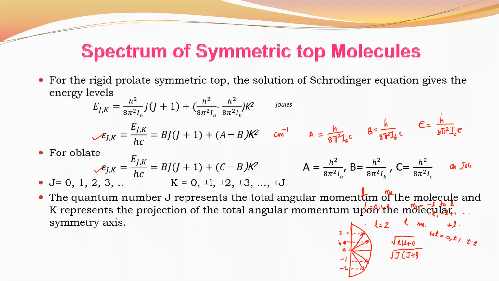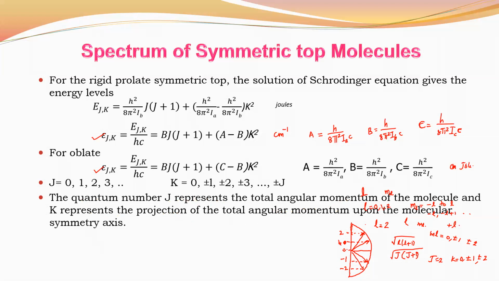In the similar way, if J is equal to 2, K must have the values 0, plus or minus 1, plus or minus 2, etc. So this is the similar case. The quantum number J represents the total angular momentum of the molecule, and K represents the projection of the total angular momentum upon the molecular symmetry axis.